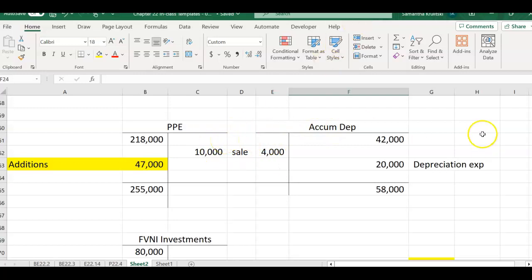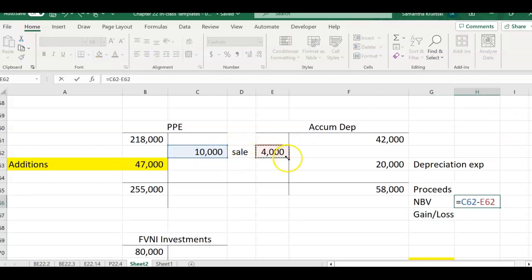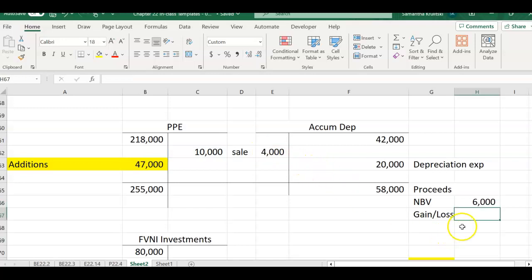Okay, so I know I can use my little formula. My proceeds less my net book value is going to equal my gain or loss that gets recorded for accounting purposes. So my net book value, $10,000 minus my accumulated depreciation.